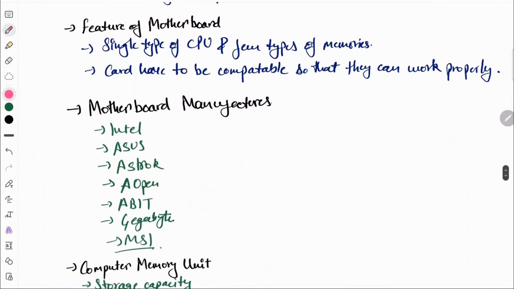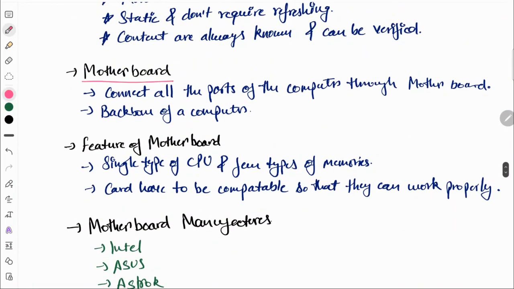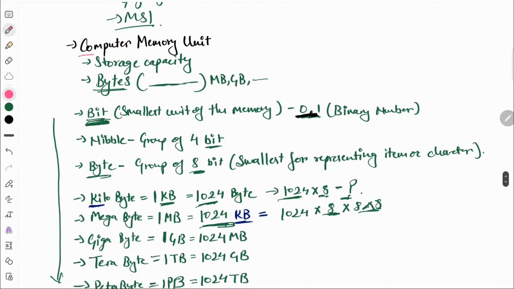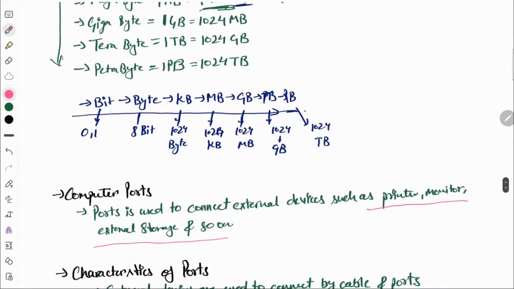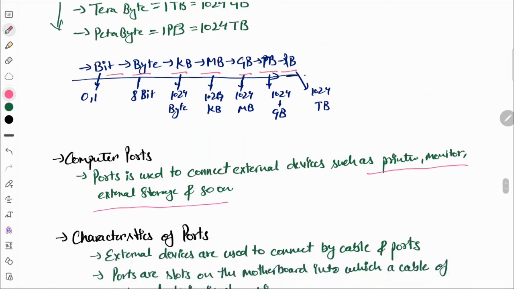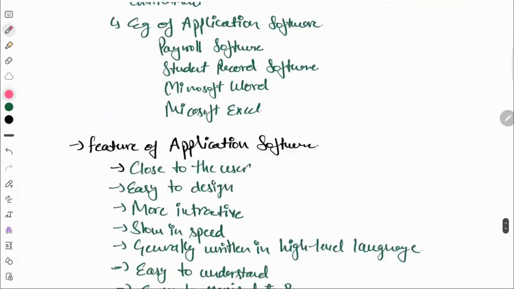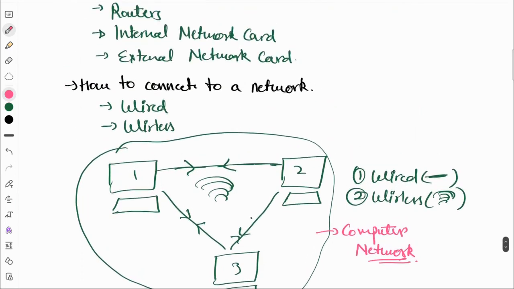Then we talked about motherboard. Then we talked about computer memory units, how units work, byte, KB, MB, GB, TB, PB, and here we completed the computer fundamental course.